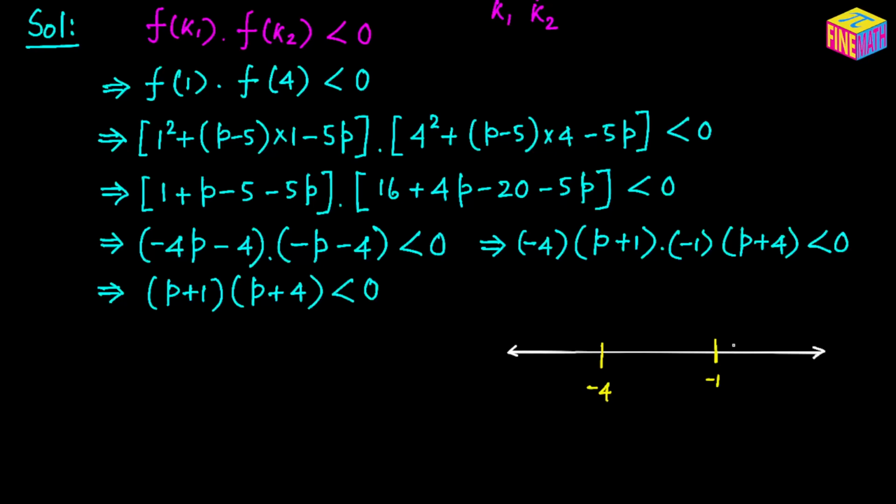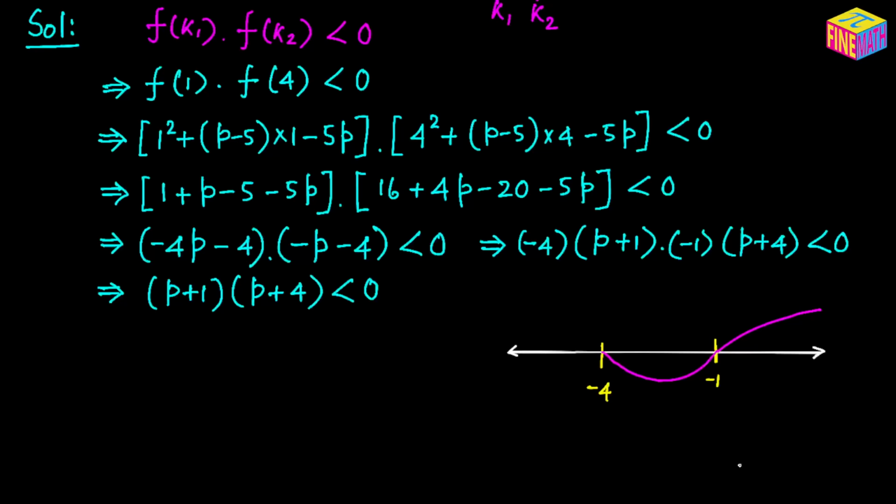On the right hand side of the highest critical point, everything is positive, meaning the expression will be positive. So here this is the positive side, and then between negative 1 and negative 4, the expression will be negative, because the multiplicity of the factor that gave us this critical point, which is p plus 1, is 1 because its exponent is 1. So on the left hand side of negative 1, the value of the expression will be negative.